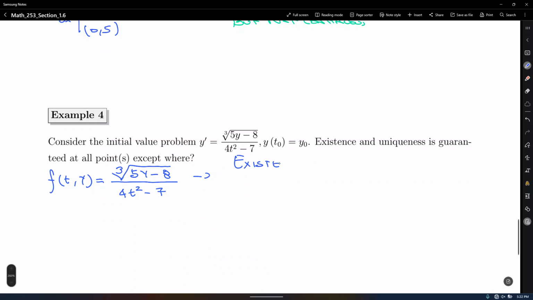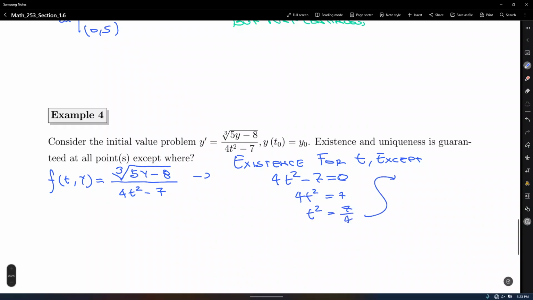So, existence for t except 4t squared minus 7 equals 0. Solve the equation. t squared equals 7 over 4, so t equals plus or minus the square root of 7 over 4.